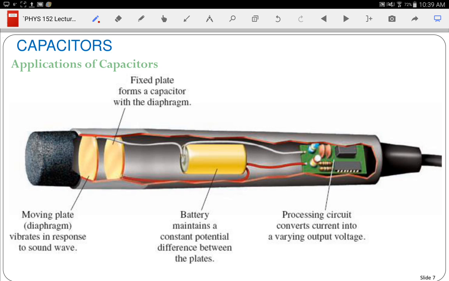And when it moves out, the charge goes down, you have a spike of current going out. And so you convert the motion of that little plate into current. And that current is then the signal that we use for recording the sound, amplifying it.